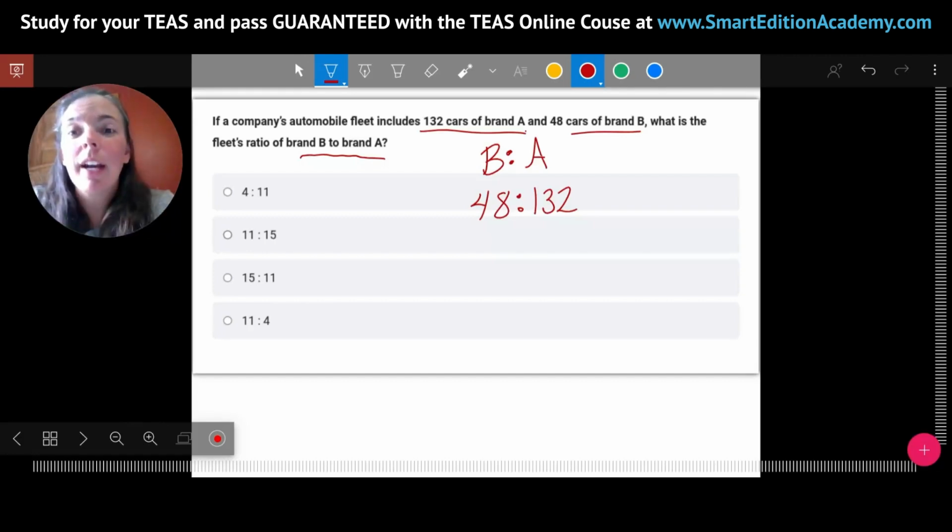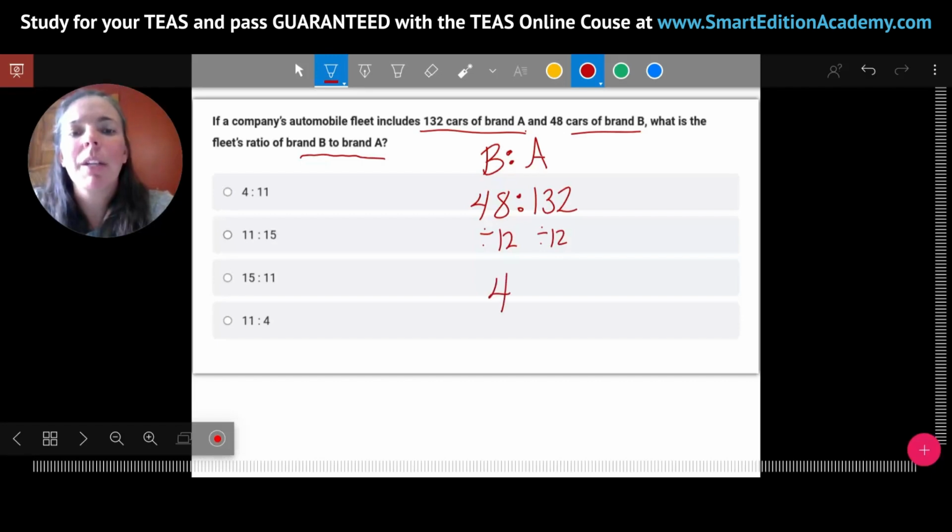If I look at all of my options, it looks like we have to simplify. Notice how all these numbers are smaller. So you can do this in the same way as you would simplify a fraction. What factors do 48 and 132 share? If I'm looking at my factors, I believe 12 would be a good one. 12 would go into both of these.